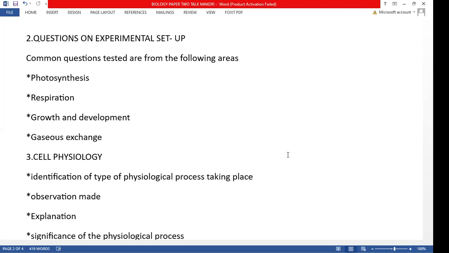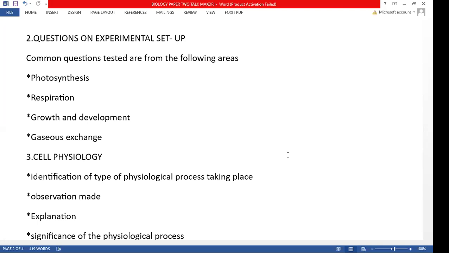Now, on osmosis, we are mainly supposed to see those experiments that involve the movement of water molecules. If an experiment involves the movement of water molecules, then that is the osmosis process. But if it is another form of particle, then it will be diffusion.